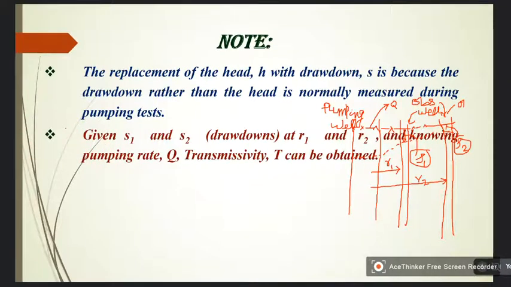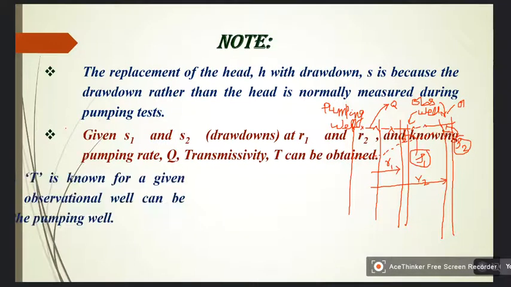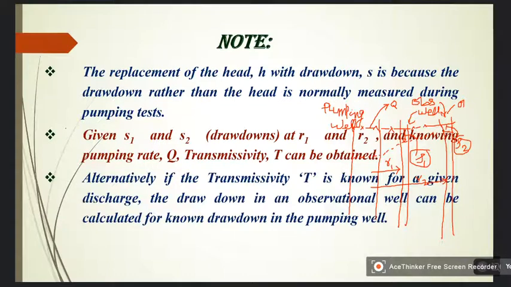Given S1 and S2 at radial distances R1 and R2, and knowing the pumping rate Q, the transmissivity T of the aquifer can be obtained. Alternatively, if the transmissivity is known for a given discharge, the drawdown in an observation well can be calculated for known drawdown in the pumping well.